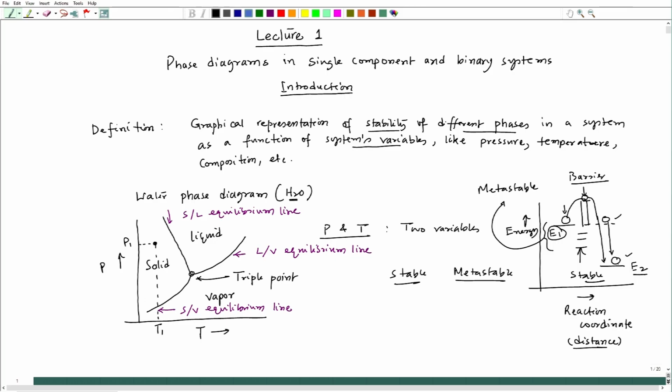And we can also find the hierarchy of metastability. So, you can say that this one would be the lowest metastability. As we go up, it will have higher and higher metastability.